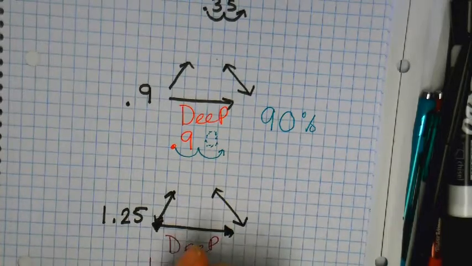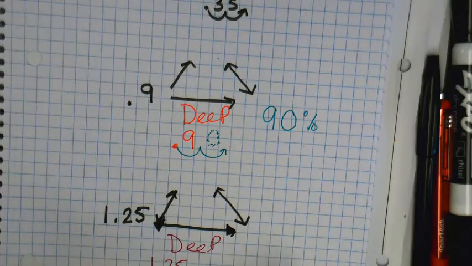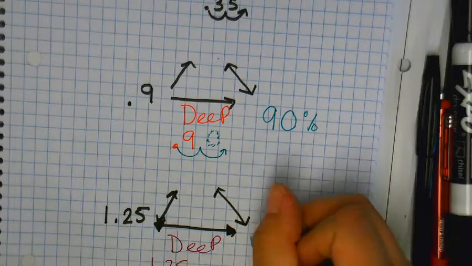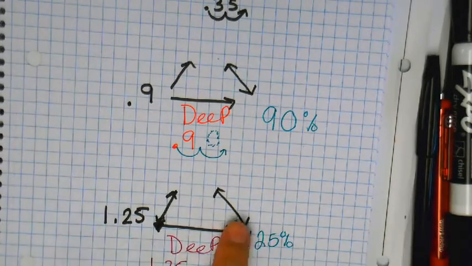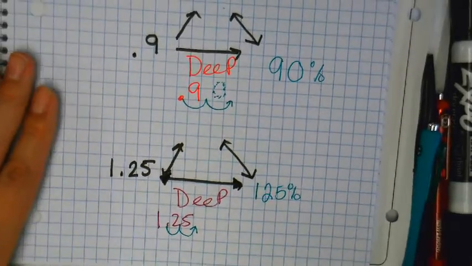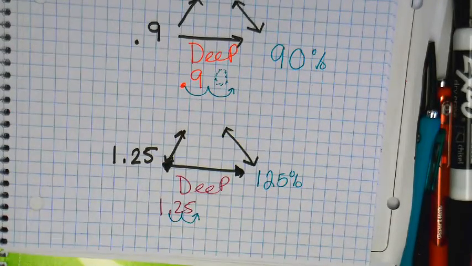So 1.25, you're still going to move it 2 times, a 1 and a 2, so that gives you 125%. Leave the fraction blank. So make sure you're still creating these triangles, but we're leaving the fraction blank for now. Are we okay? It's supposed to be easy. All you have to do is move your decimal 2 times, and that's it.